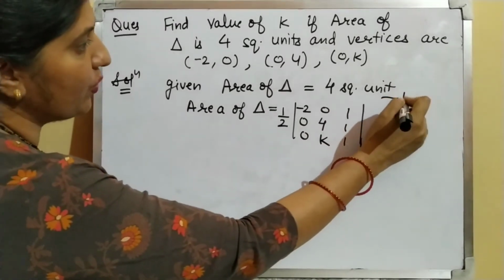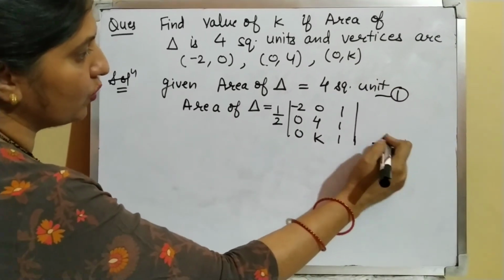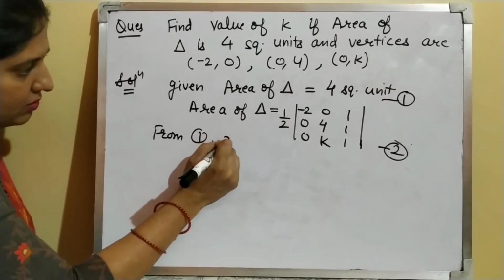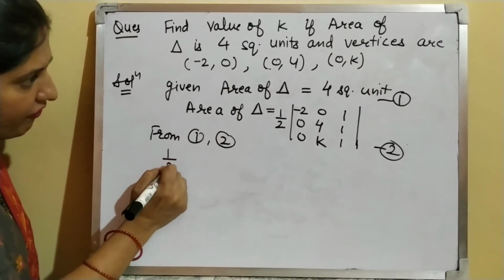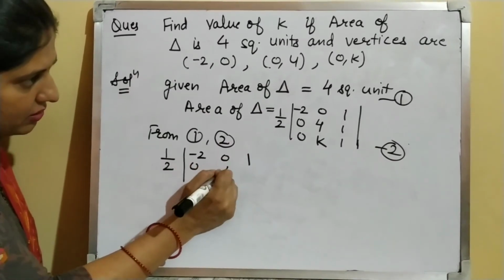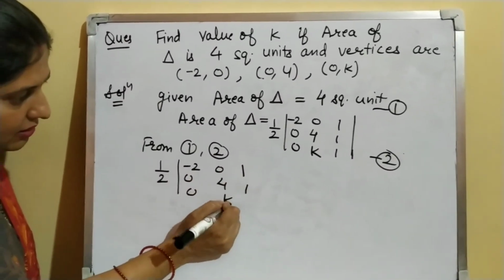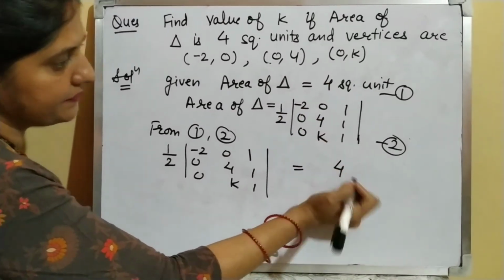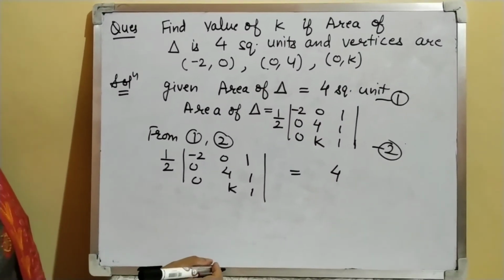Now from equation 1 and equation 2 we get the area of the triangle in the form of a determinant is equal to 4 square units.